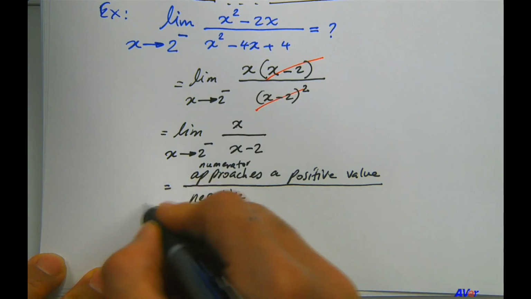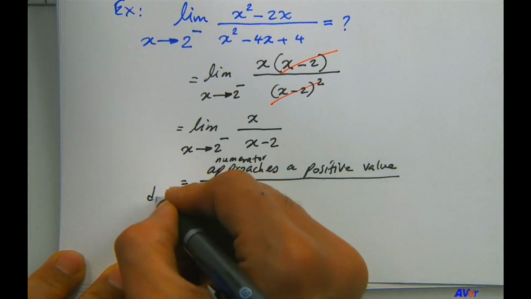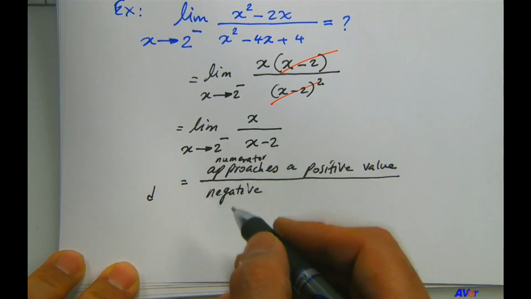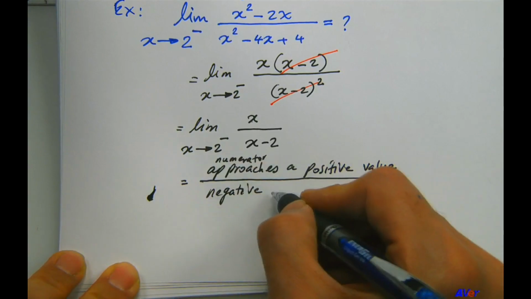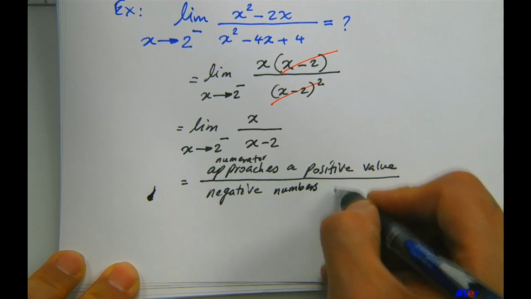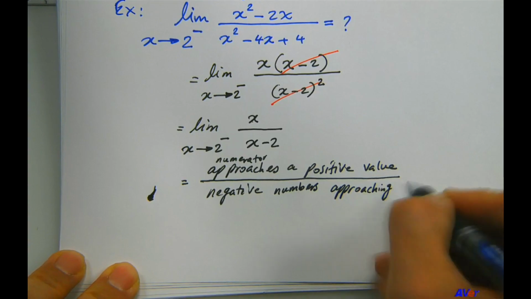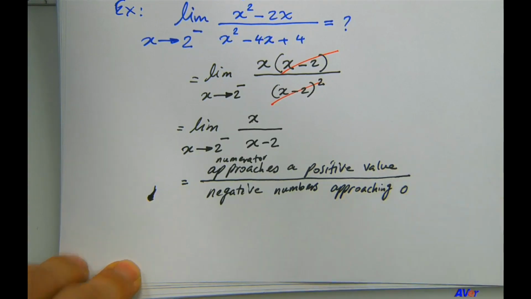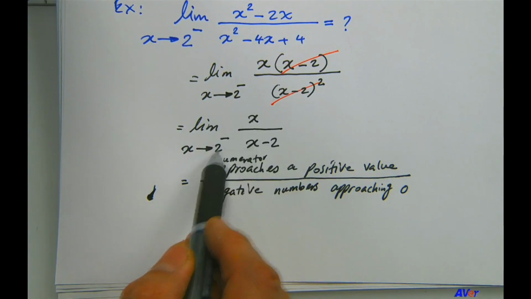I should make a note that this is the denominator. Negative numbers approaching 0. Okay?